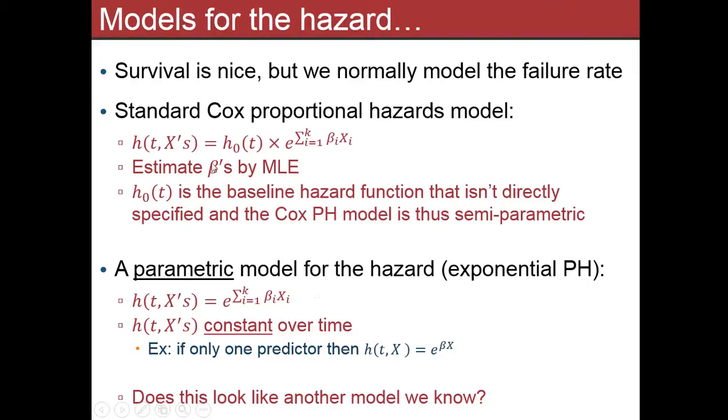If you substituted this time-dependent function with a constant, 1, 6, whatever you want to call it, what you're going to get is a model that looks a whole lot like another model that we know, which is basically the Poisson model. Right? This e to this nice linear function modeling a rate. Rate equals e to this function is basically the Poisson regression model.